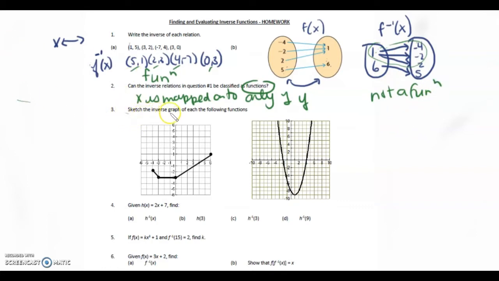Okay, number 3, sketch the inverse graph of each of the following functions. Something like this, I would actually take a look at the points. So negative 4, negative 2 would then map onto negative 2, negative 4. We're going to connect that with negative 3, negative 3.